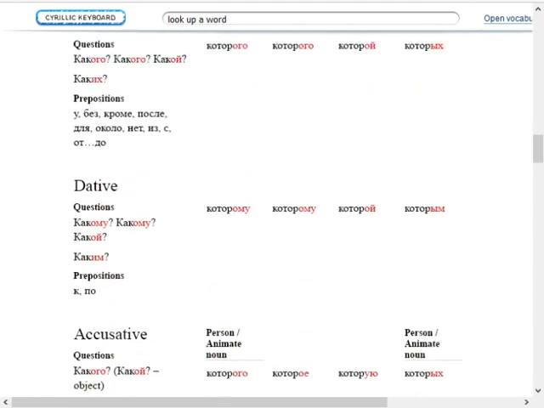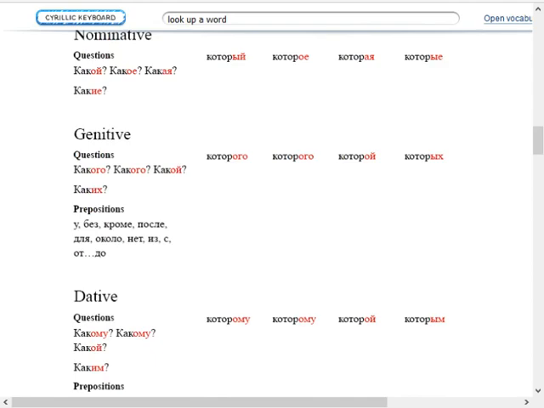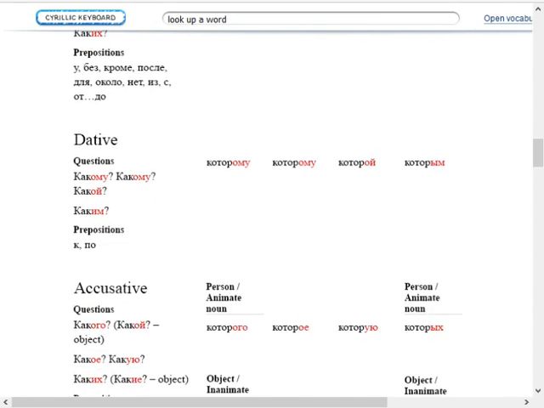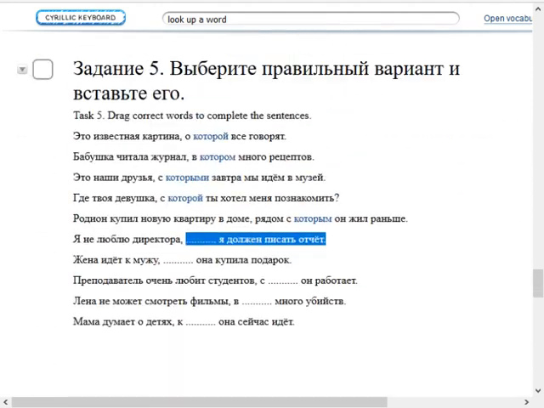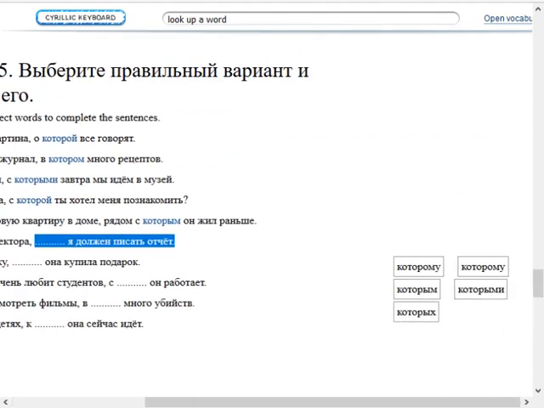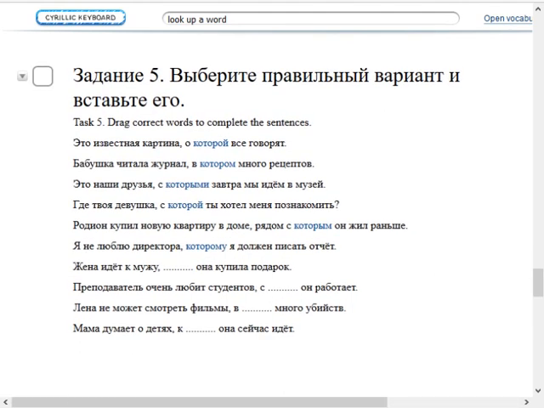I think. Let me just quickly make sure here. Is that right? Actually, I don't. Okay. This is которому. Just looking at my cheat sheet here. It's которому, which means, again, is this the female director? I mean, a director can be a woman as well, but I don't think.